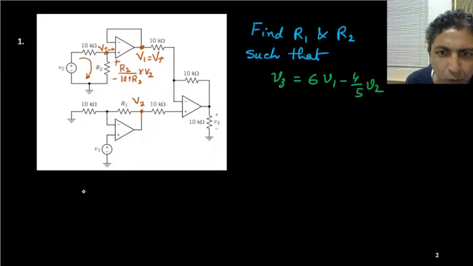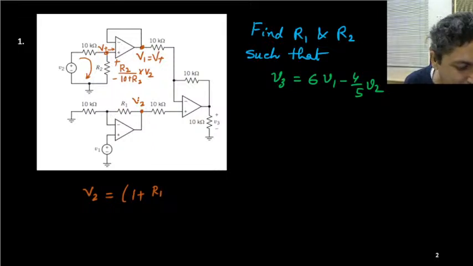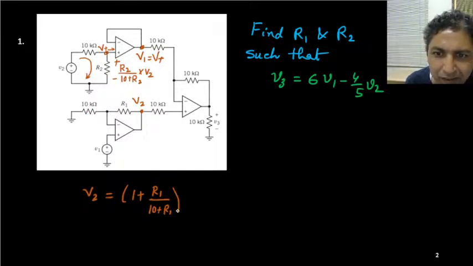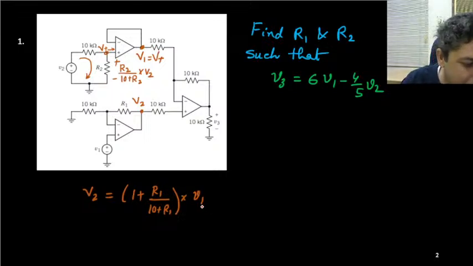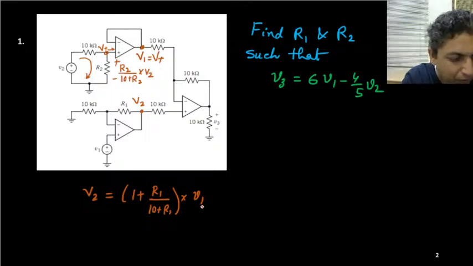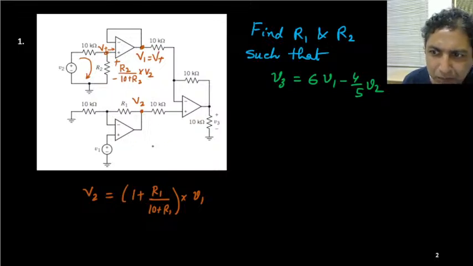So what is V2? The gain is 1 plus RF by R1, here RF is R1 upon total 10 plus R1. Is it okay? This is the gain multiplied by small v1. Is it right? So this is your V2 here.